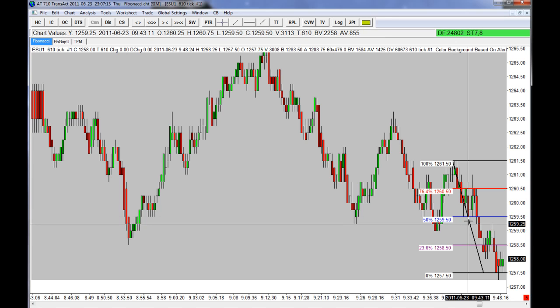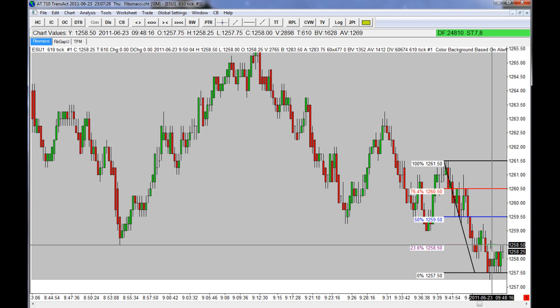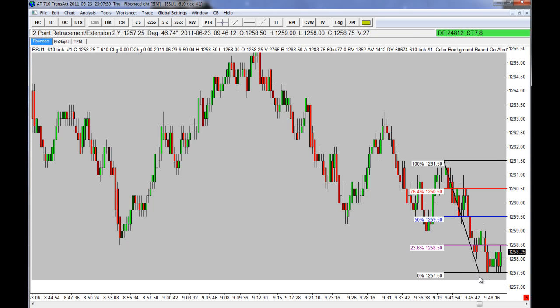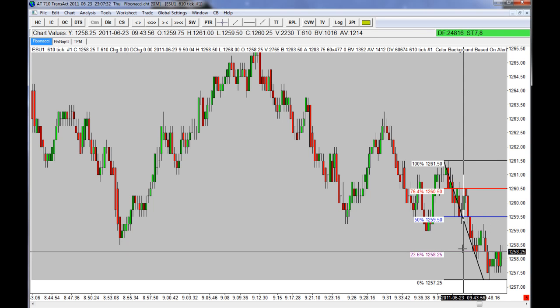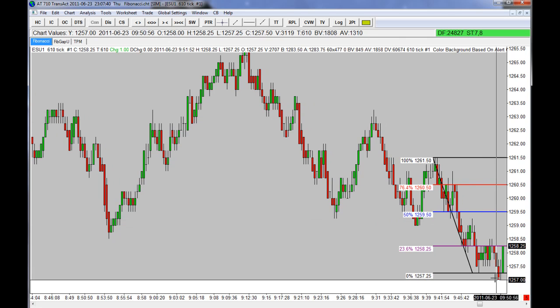I had an order at 12.59 1/4, looking to make 3 ticks while risking 5. Came to 23.6% level, so I just adjusted the profit target from 3 to 4 ticks. My stop loss remained the same.